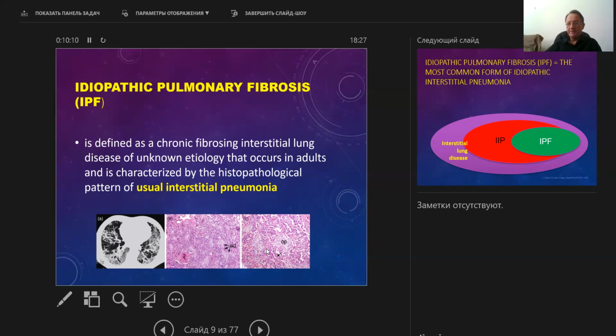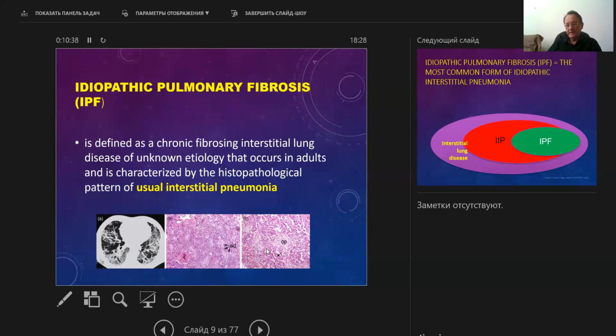That's why IPF and usual interstitial pneumonia are the same definition, but in the 10th edition of the International Classification of Diseases, you can find IPF. Usual interstitial pneumonia relates to the histopathological or radiological pattern of this disease.